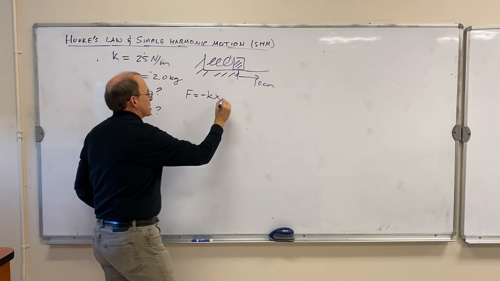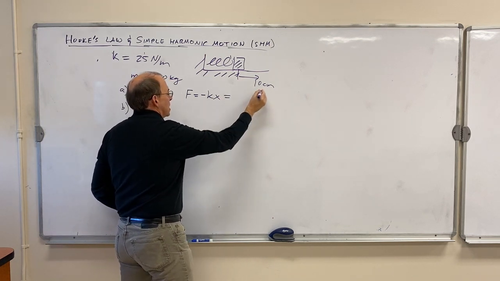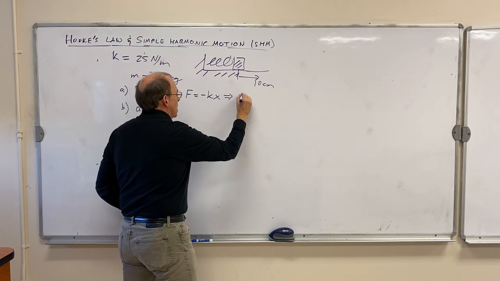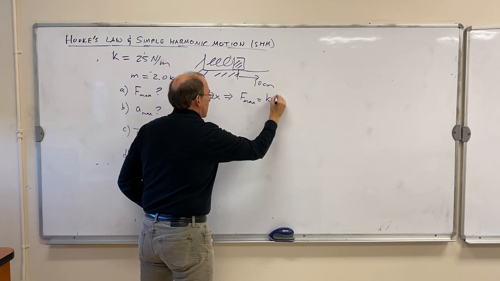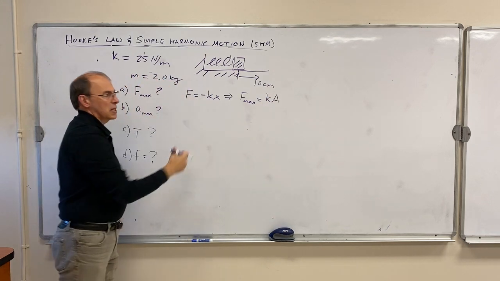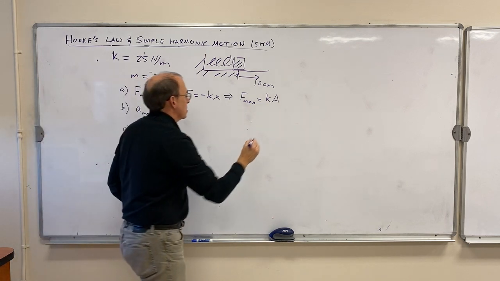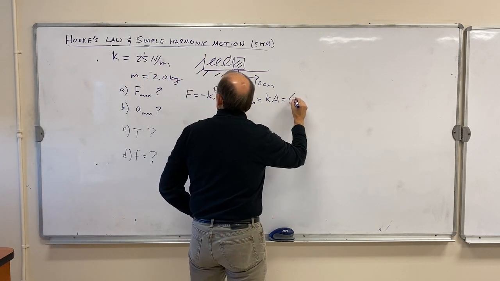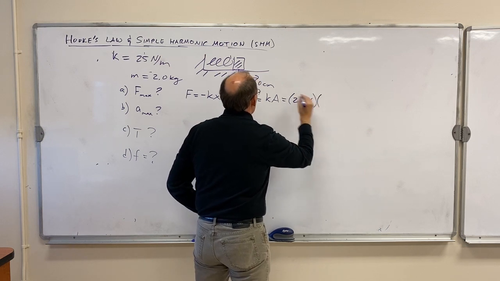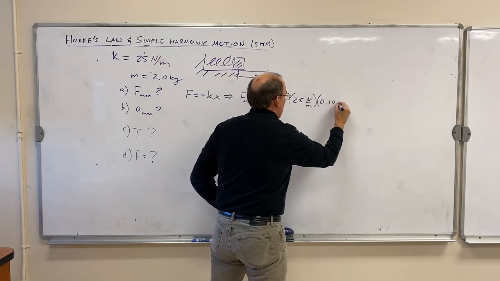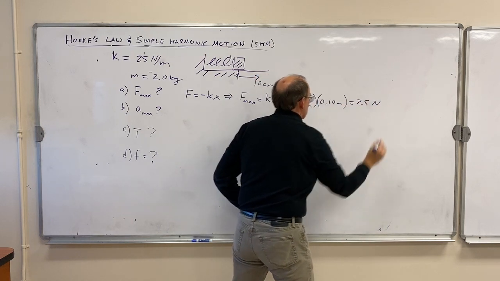So F is minus kx, so if A is 10 centimeters, F max is then kA. Notice I left out the minus sign because that's just telling me the direction, not how big the force is. So this is 25 newtons per meter times 0.1 meter, which is 2.5 newtons.